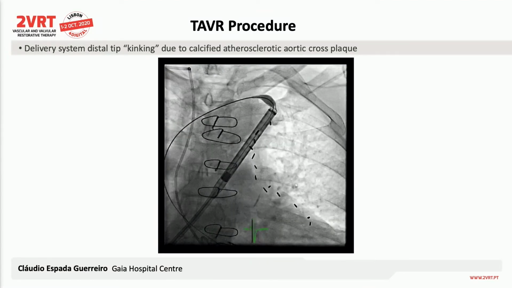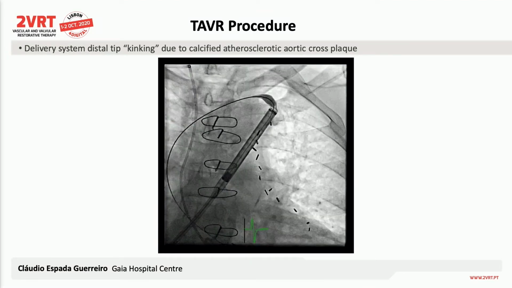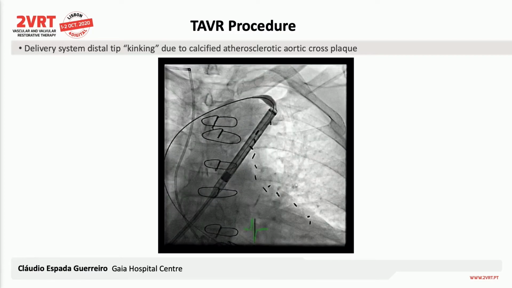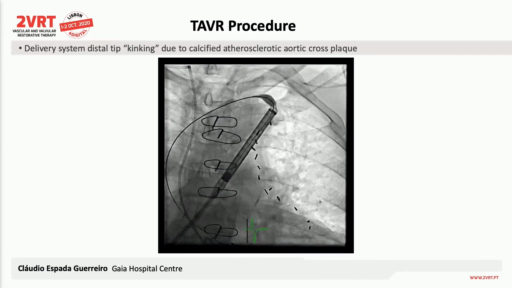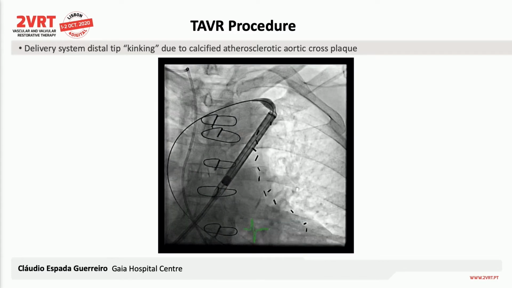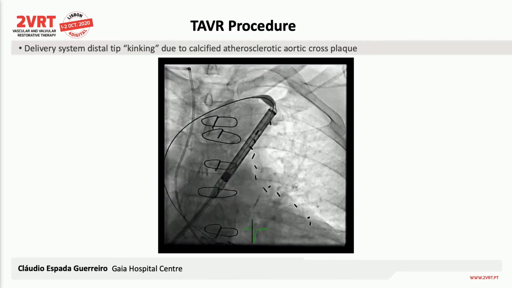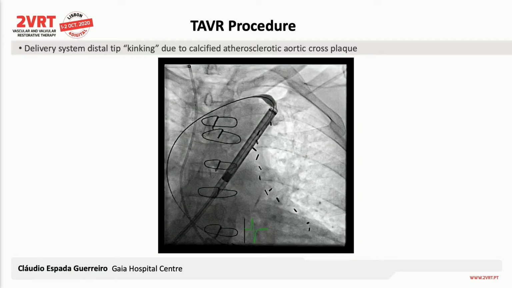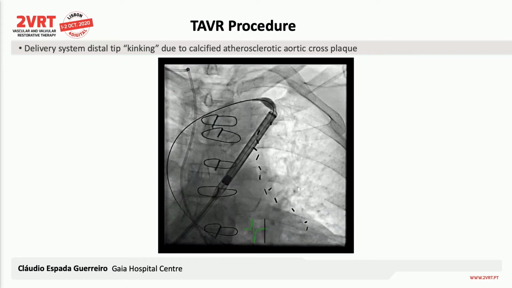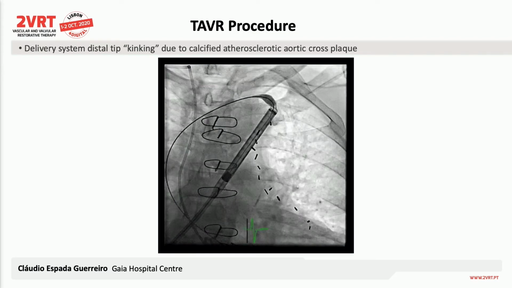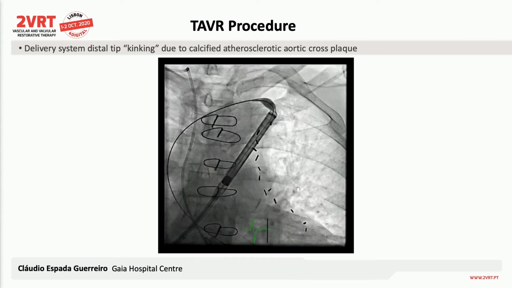We had some trouble with the passage of the delivery system when it tried to cross the aortic isthmus. Here we can see a kinking of the nose cone in the distal tip of the delivery system.